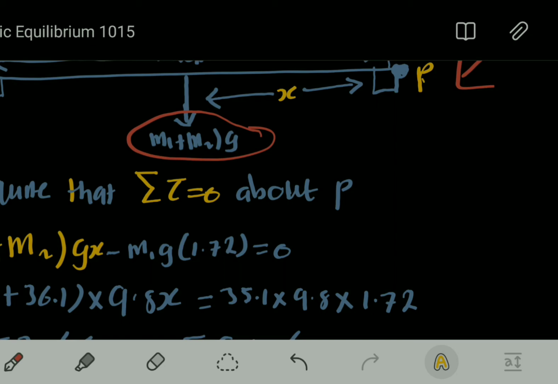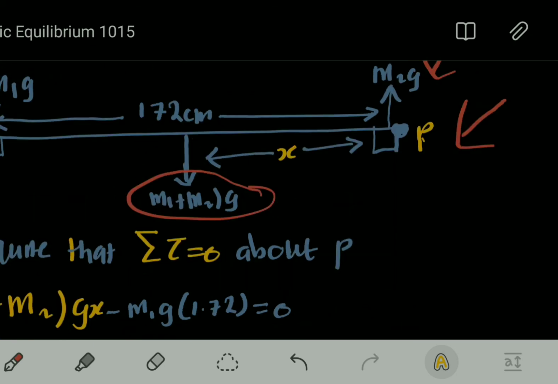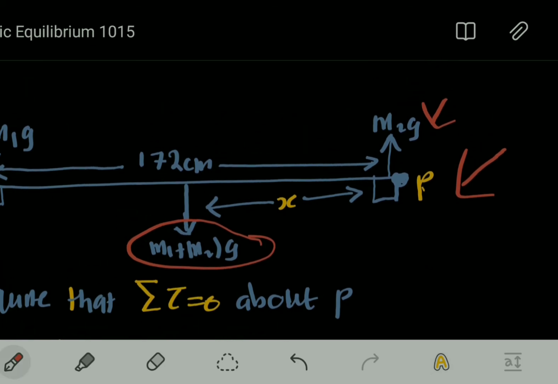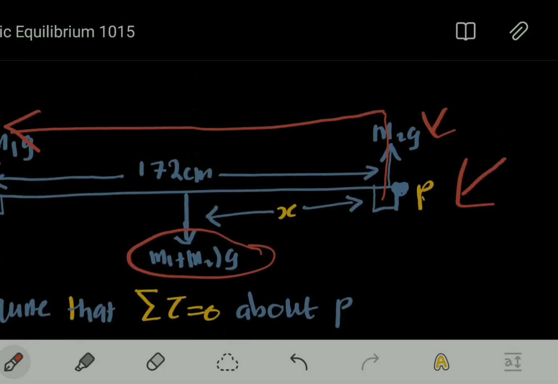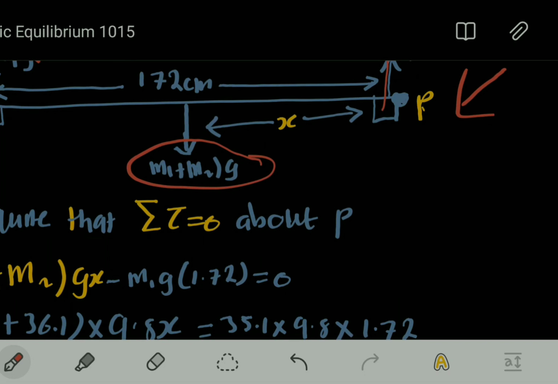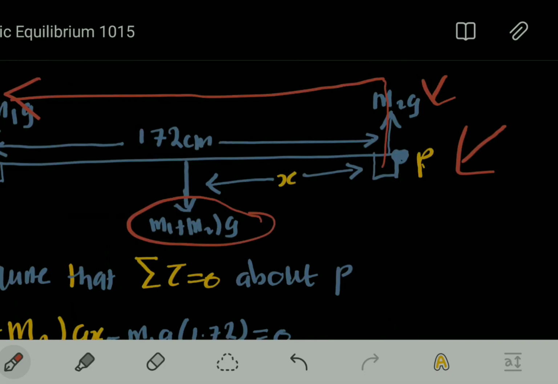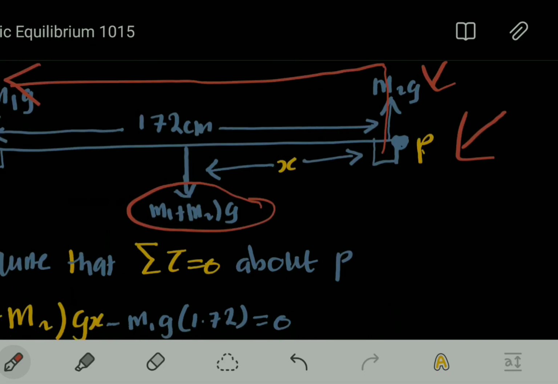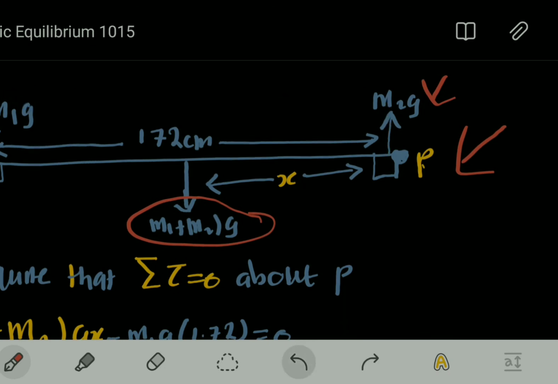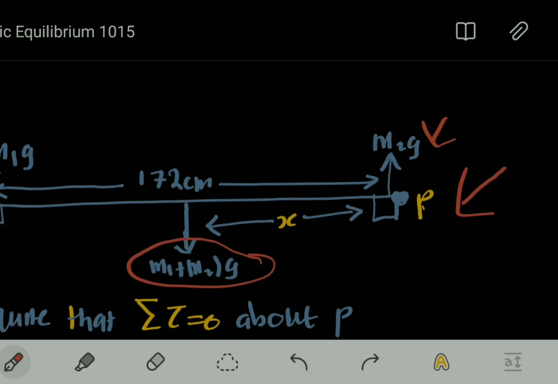Then we also consider the other torque from the point P. Notice that the other torque will act from P, perpendicular to the whole distance. So the mass that we have there will be M1. Let me just reverse this. The torque we're talking about is from this point to that point.